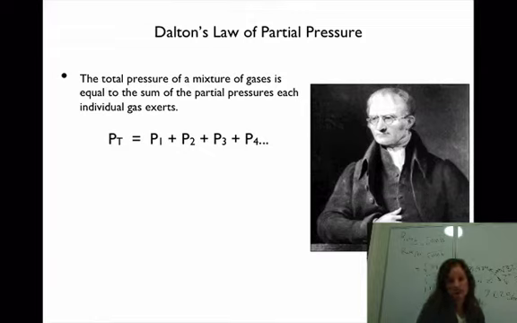This is one that John Dalton, our guy from atomic theory, came up with. Again, it's really straightforward, like a lot of the stuff he did, but it seems counterintuitive because you'd think some gases would contribute more than others because of their size, when in fact they don't. The size really doesn't matter in terms of their force.